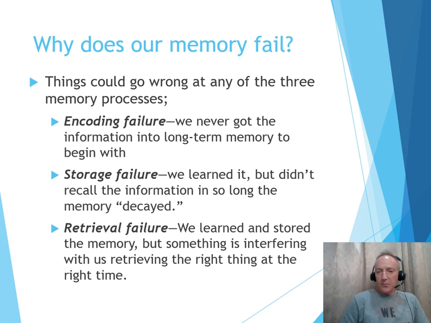You've learned something, but then maybe you didn't do anything with it in so long that the memory just sort of decayed. Or you could forget something because of retrieval failure. You've learned it, you know you stored it, you just can't get it back out when you need it. Something else is interfering with you recalling the right thing.